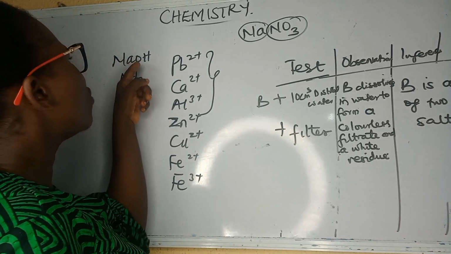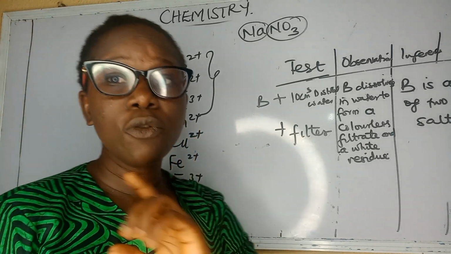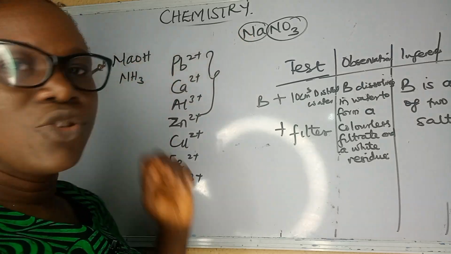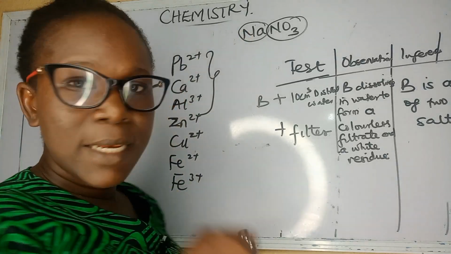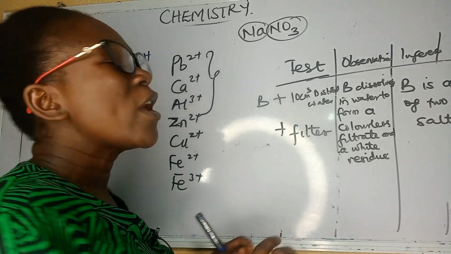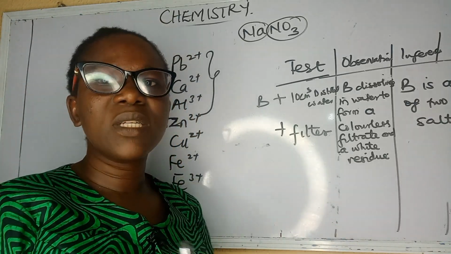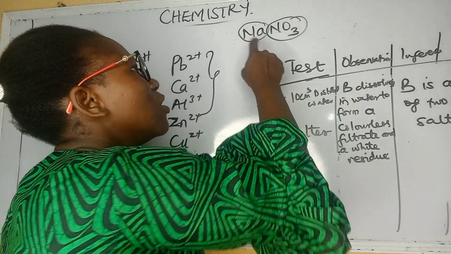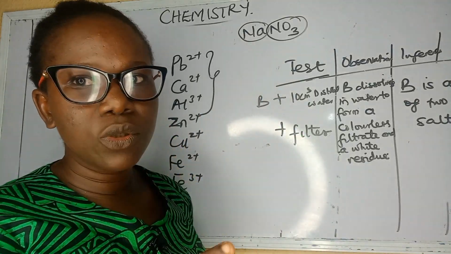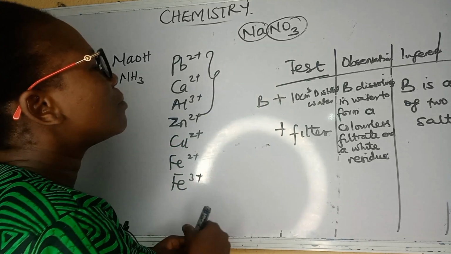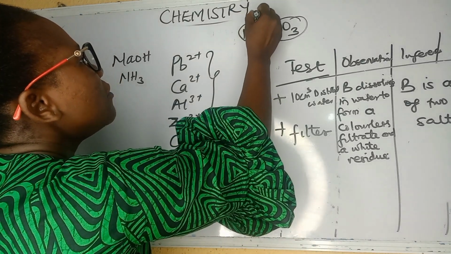So if you are asked to take a portion of the filtrate and add sodium hydroxide in drops, then in excess, when you don't see any reaction, you will know that you are testing for sodium in the filtrate. Because whenever you see these two, you are testing for a positive ion, and this is a positive ion in the filtrate.